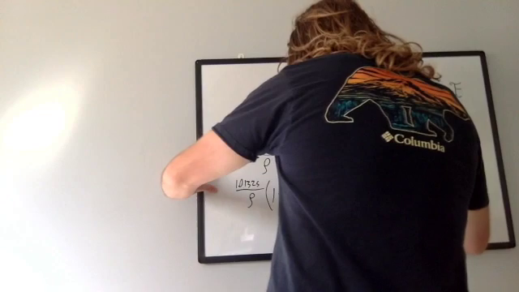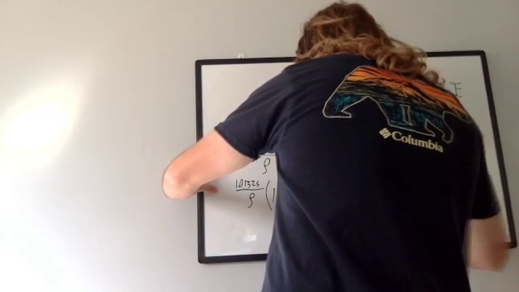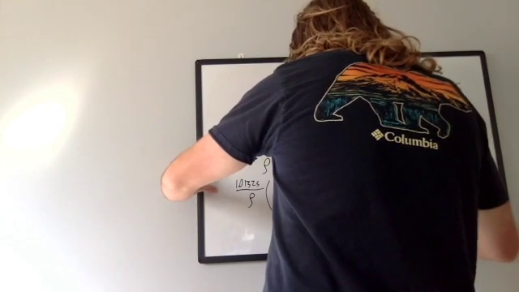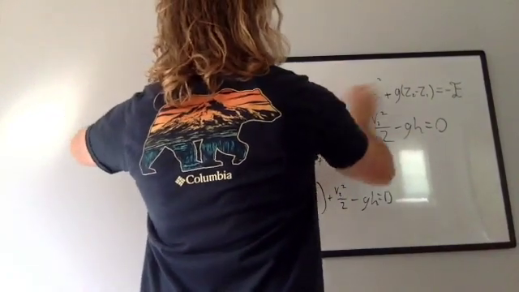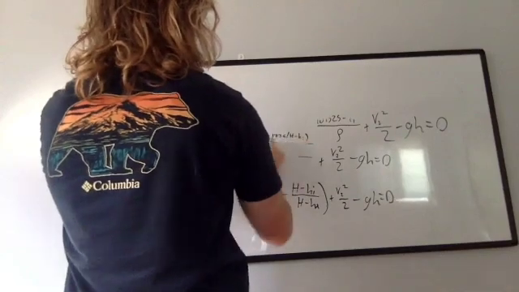There we go, plus V2 squared over 2 minus GH equals 0. Alright, we'll go ahead and erase all this up here just to give ourselves a little bit of room. Start back up at the top.